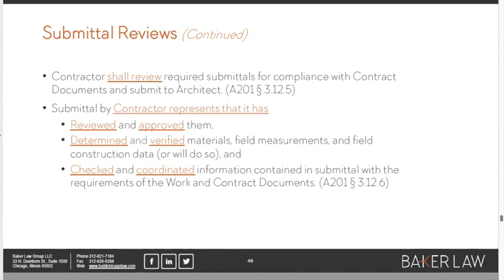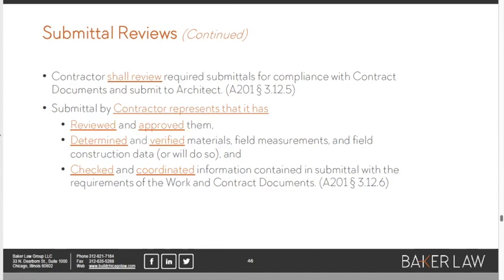Okay. And so if you look at the first bullet point on the screen, the contractor needs to review the CDs to figure out what submittals are required and submit them to the architect as agreed. And when the GC submits a submittal to the architect, because of the compromise language in the A201, it is representing that it has reviewed and approved the submittal, right? So it's not just passing along something from a trade that they didn't look at.